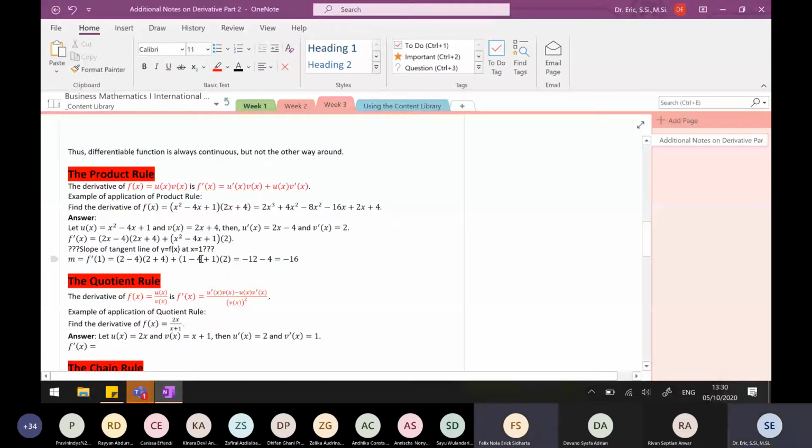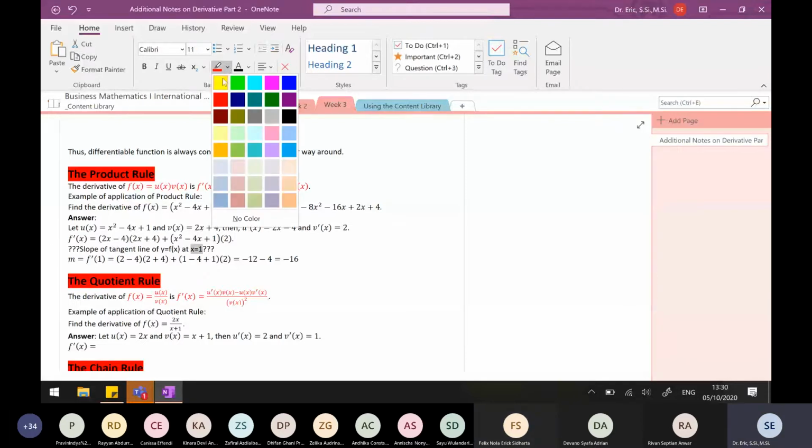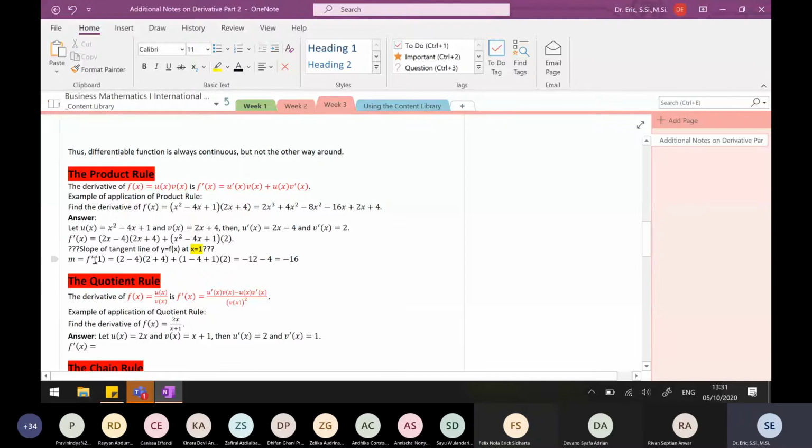Okay, because in the question it is at x equals 1. If you want to do it at x equals 2, you just plug in 2. Very good, Felix. So if the question is to find the slope of the tangent line of y equals f(x) at x equals 2, you want to find f prime of 2. Very good question. Thank you for your question.